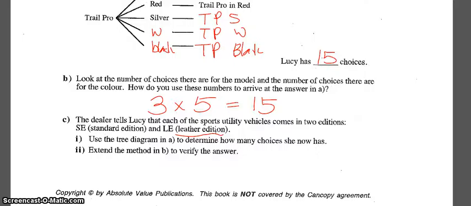So if I have 15 choices and each one can be standard or leather, how many choices are there? It says to use a tree diagram. For each one, you branch off again for standard or leather, and you do that for all 15 choices. Each of the 15 choices splits into 2.